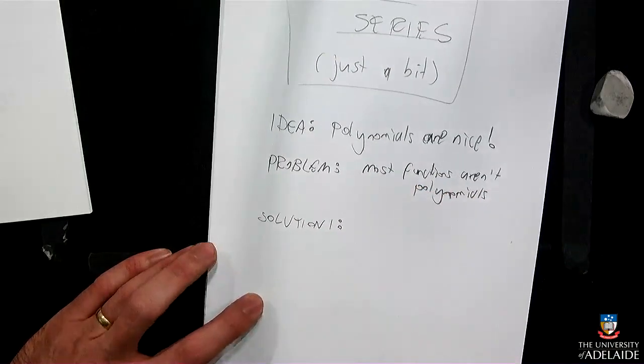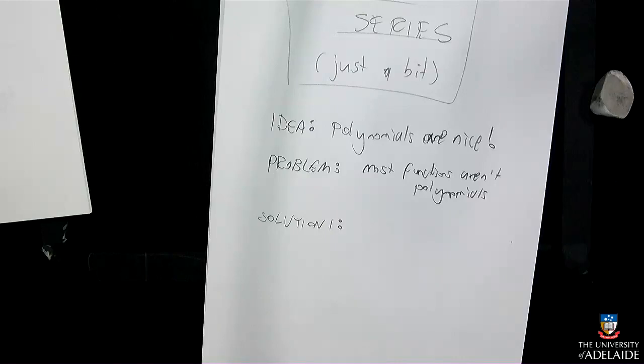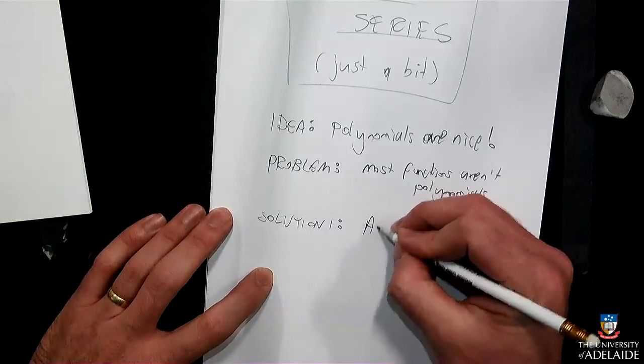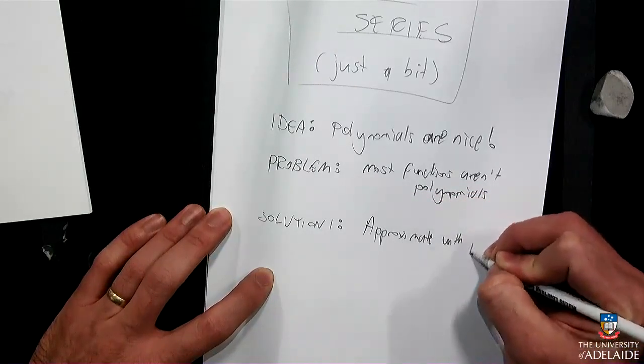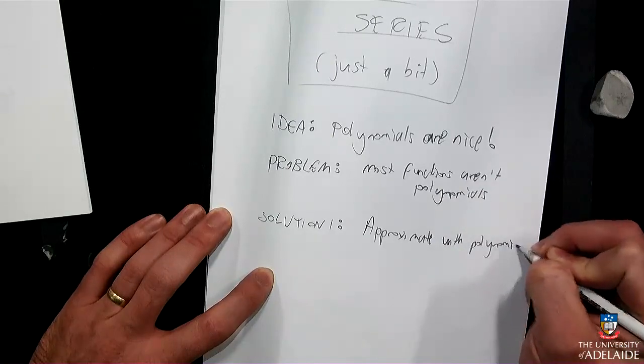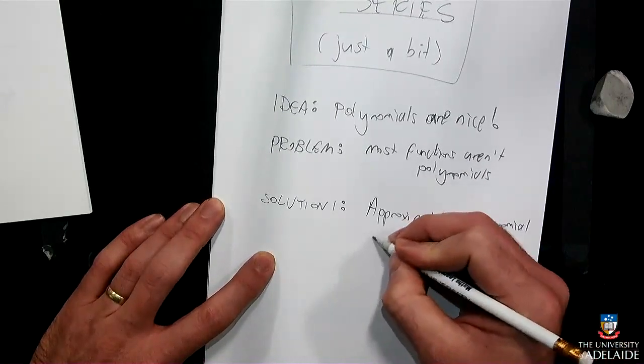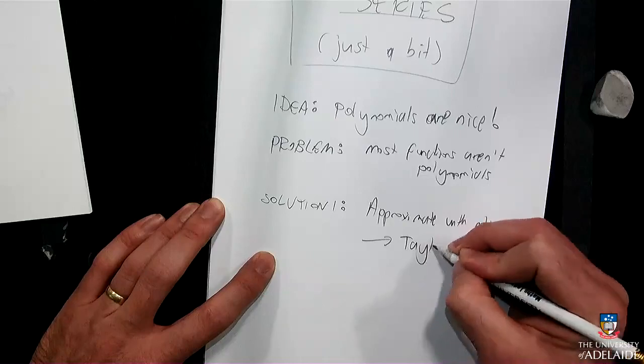Solution one is approximate them with a polynomial. Find a polynomial that's close enough. And that's what Taylor polynomials are for.